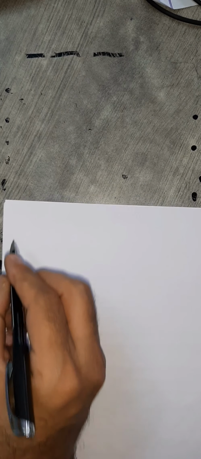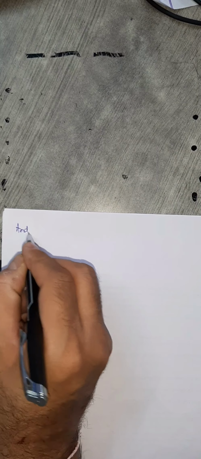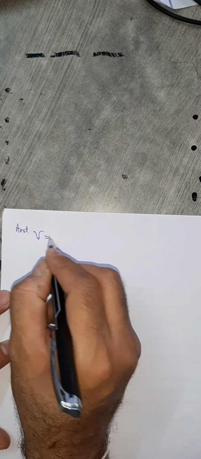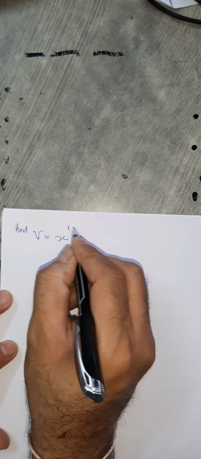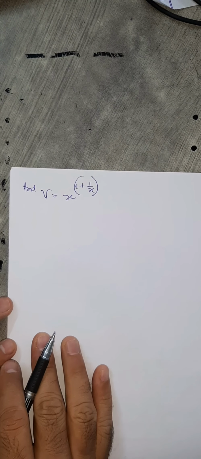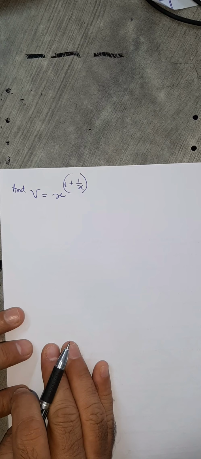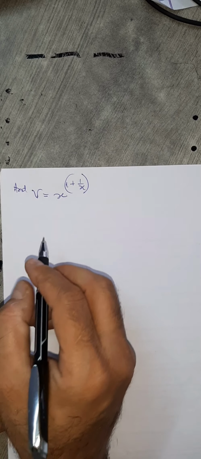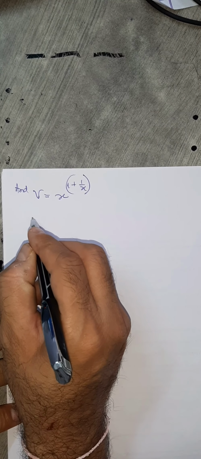Okay, so here v equals, what is v? x raised to (1 plus 1 upon x), variable raised to variable form. Okay, applying log on both the sides now.